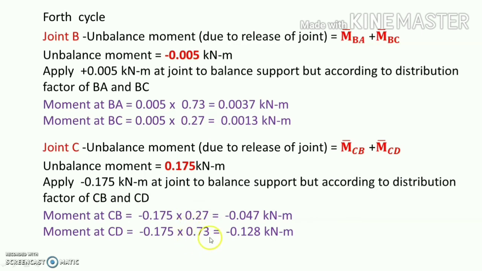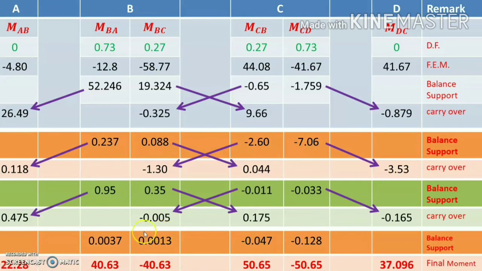Now put all these values into the table: 0.0037, 0.0013, minus 0.047 and minus 0.125. Now this support is again balanced. So here we can stop because all the values are less than 0.1 or near about 0.1. So here we are stopping the cycle.